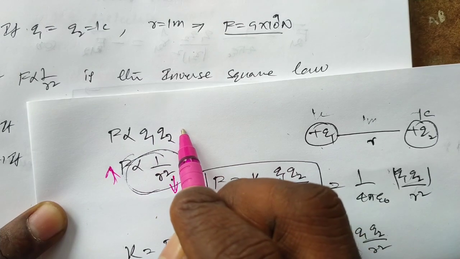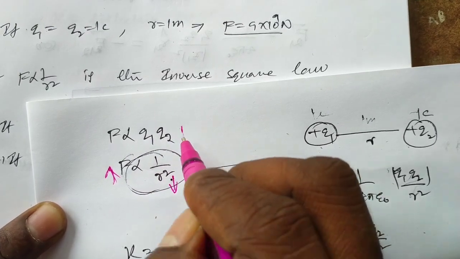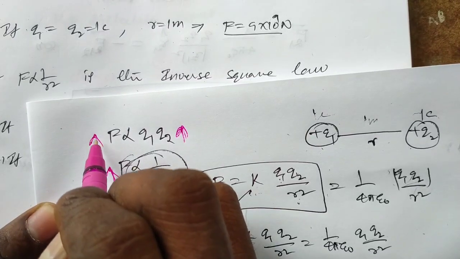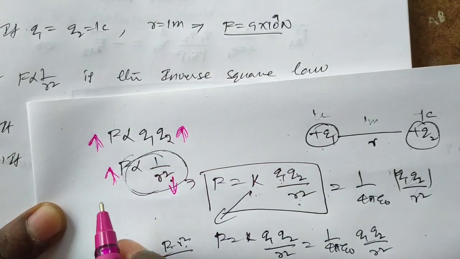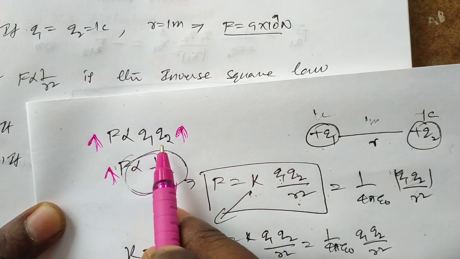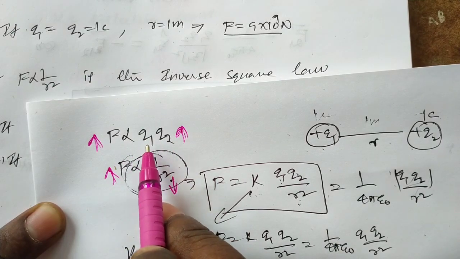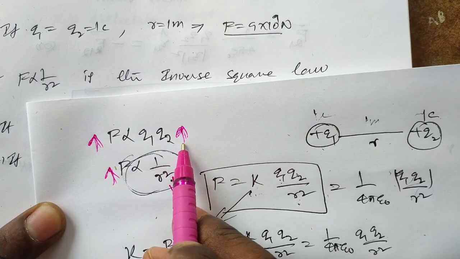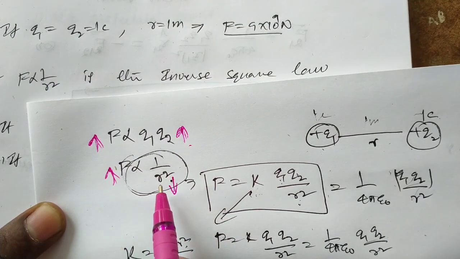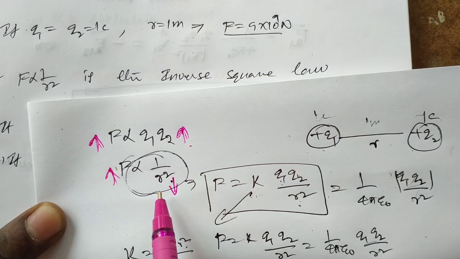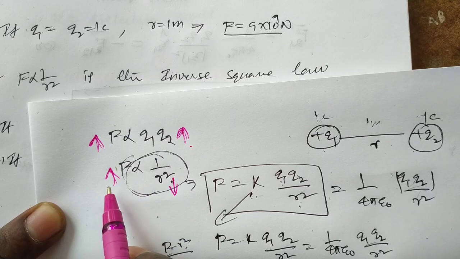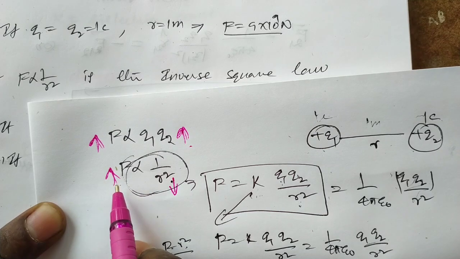When two charges have more coulombs, more charge, we get more force, and when the charges are also separated by a small distance, we get the highest force.